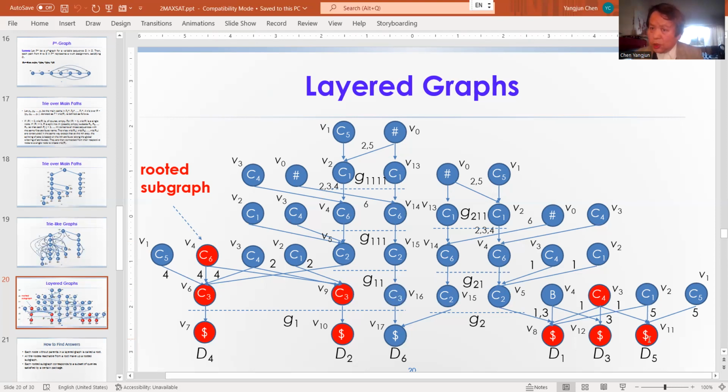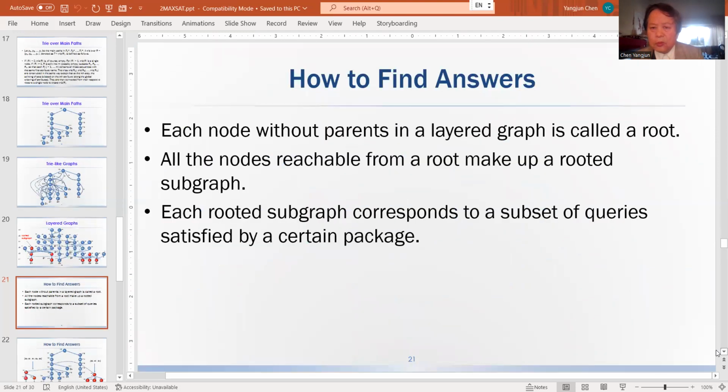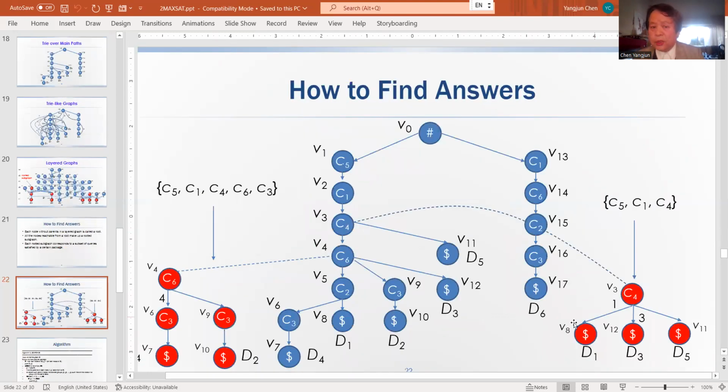Each rooted subgraph identifies a subset of conjunctions which can be satisfied by the same truth assignment, as shown on this slide.